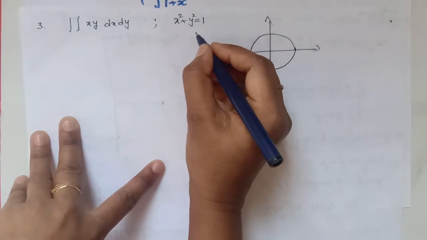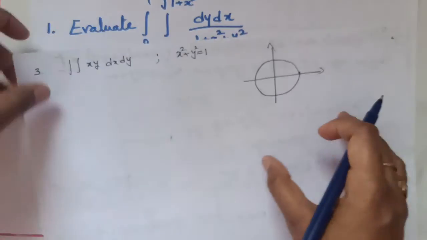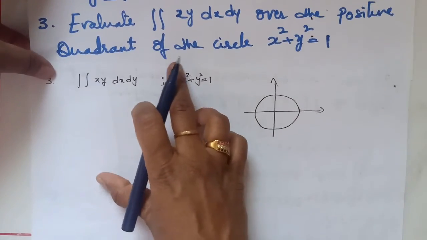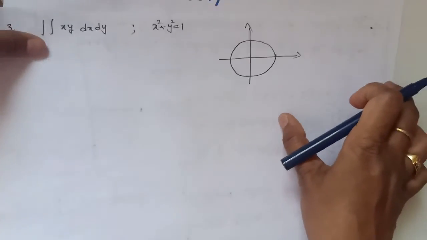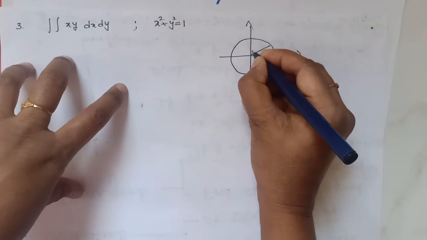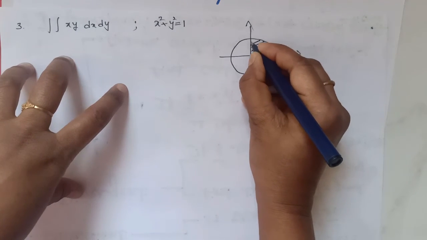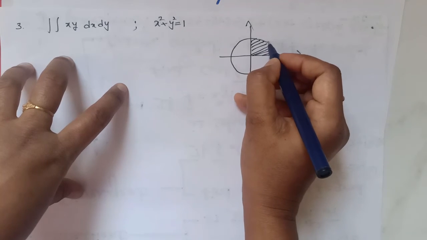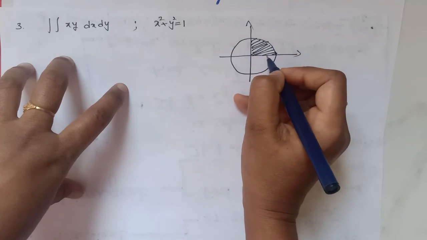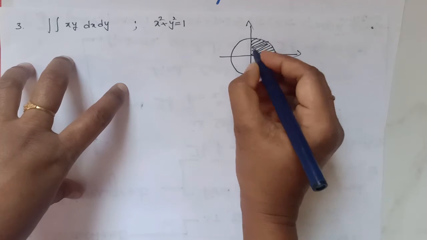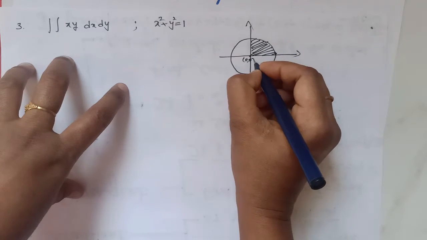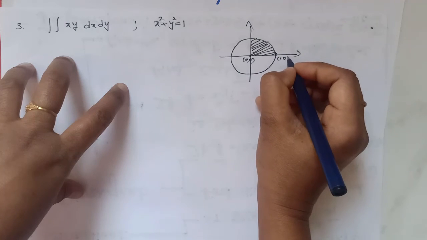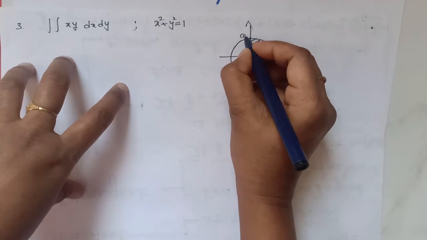This is a circle equation, but you have to integrate this over the positive quadrant of the circle. So you should consider only this region. Okay, only this shaded region you have to integrate along this region. Here it is 0, 0 and it is 1, 0, 0, 1.